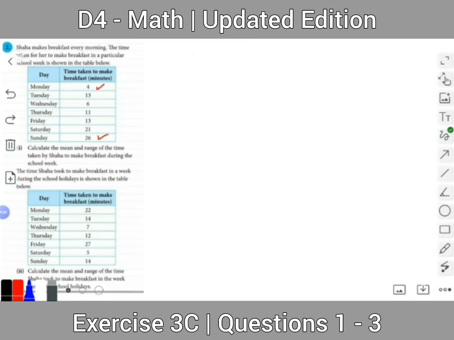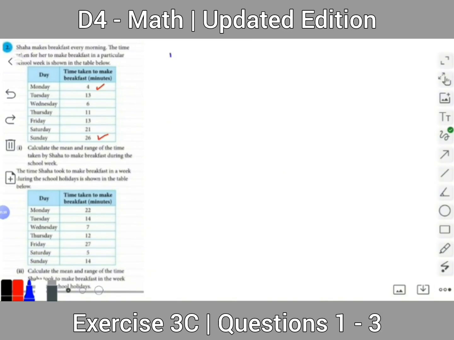Now in part 2, the time Shaha took to make breakfast in a week during the school holidays is shown in the table below. So we have to calculate the mean and range of the time Shaha took to make breakfast in the week during the school holidays.